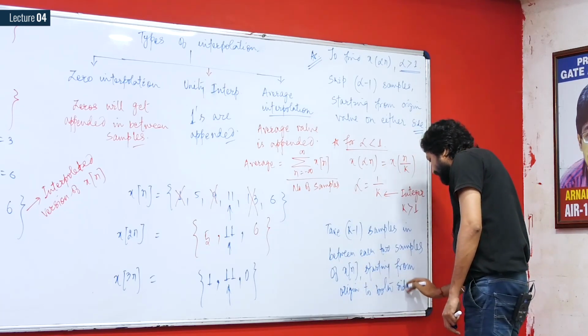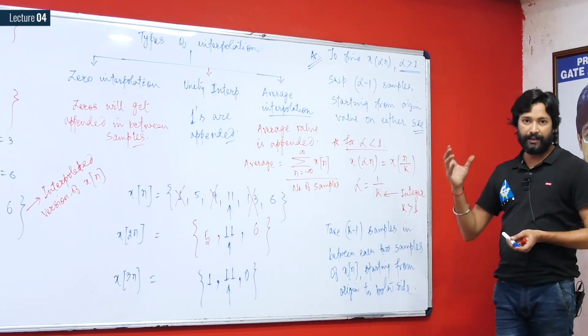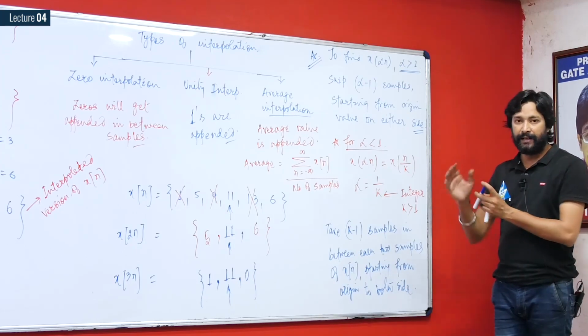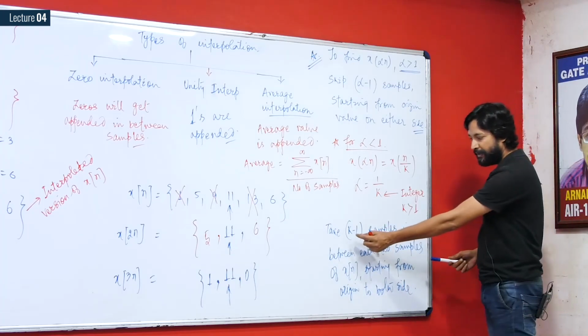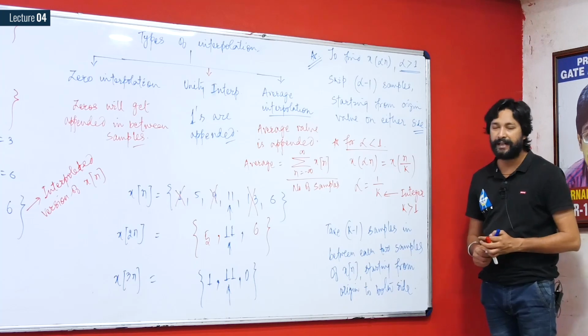That is, again the value at origin is going to be maintained. The value at origin of x of n and x of alpha n will be the same. After each value you will have to take k minus 1 samples in between each two sample values of x of n.